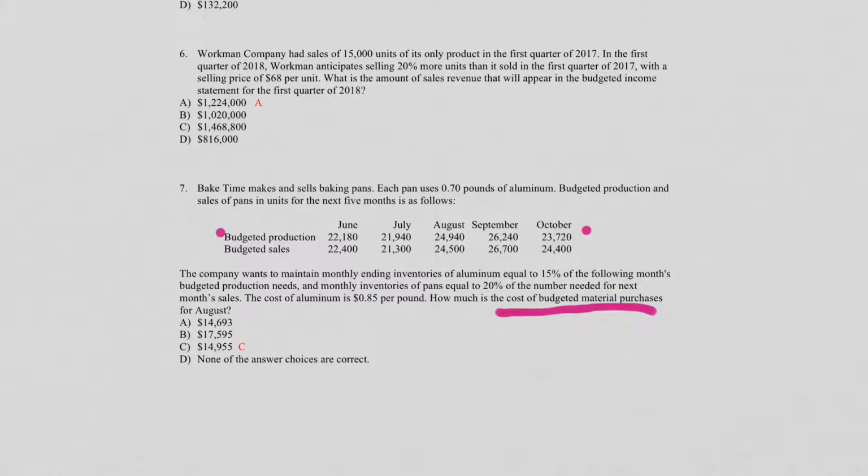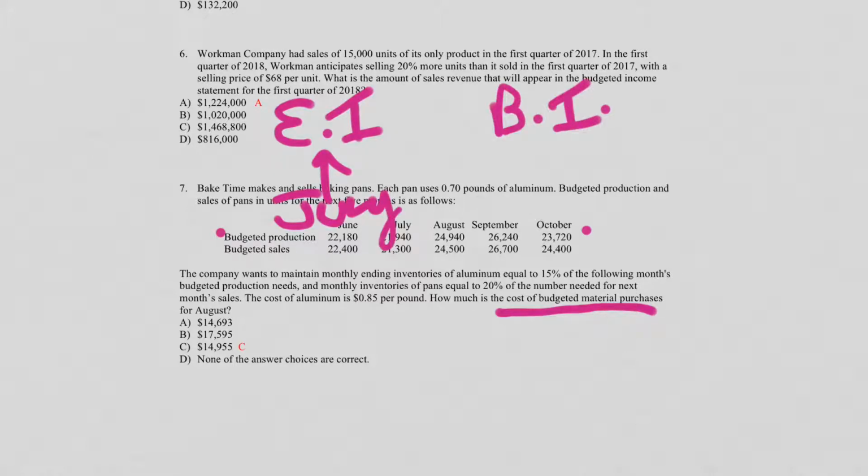If we want to know the beginning inventory for that month, it was 15% of that month's budgeted production, because that was the previous month's ending inventory target. An ending inventory of, let's say, July becomes the beginning inventory for August. Sounds simple, but sometimes you get it mixed up, so it's good to just keep that in mind.